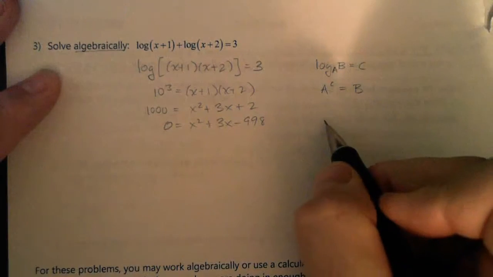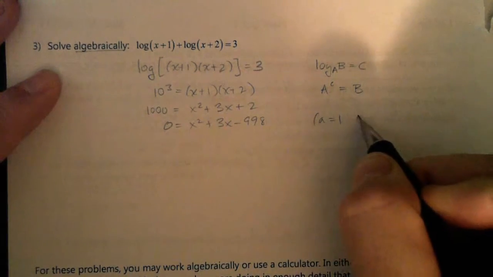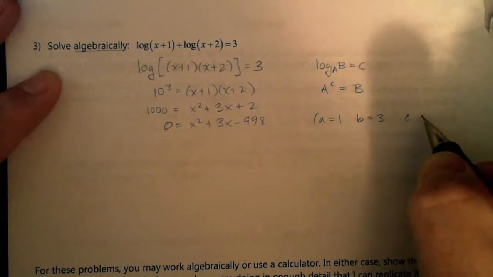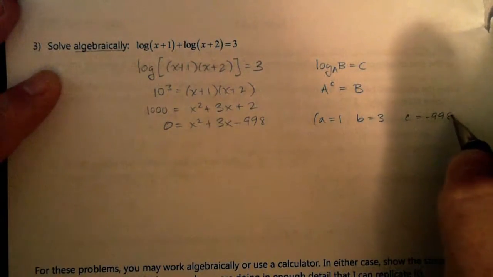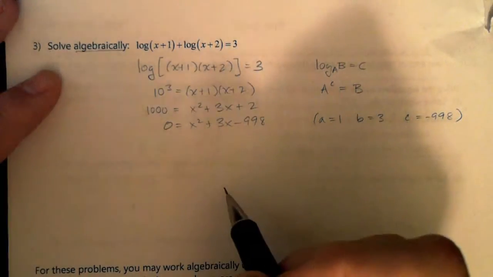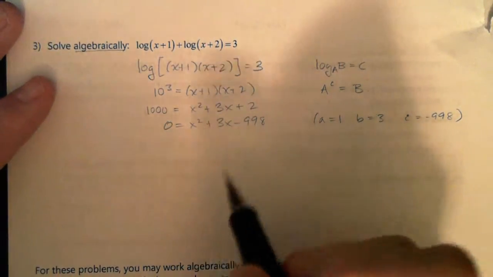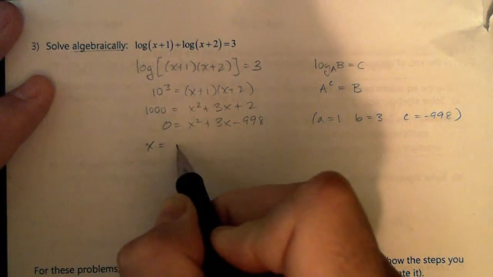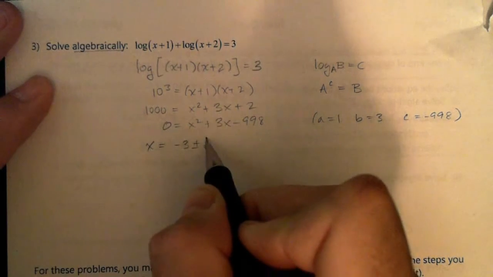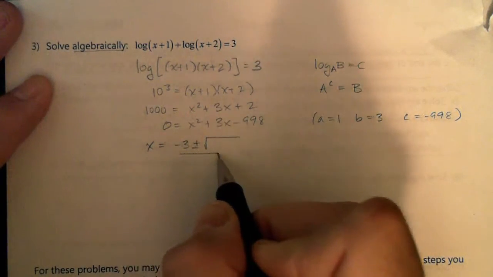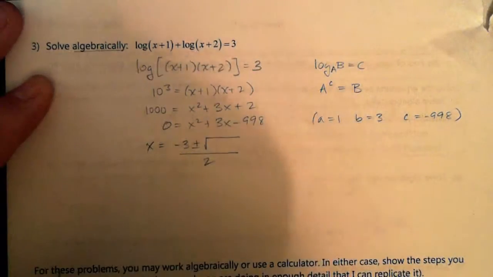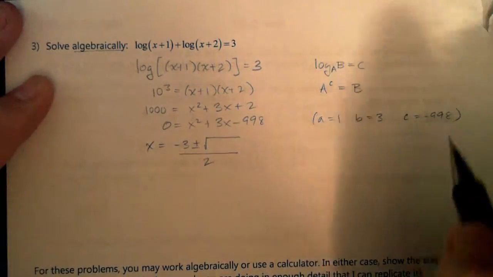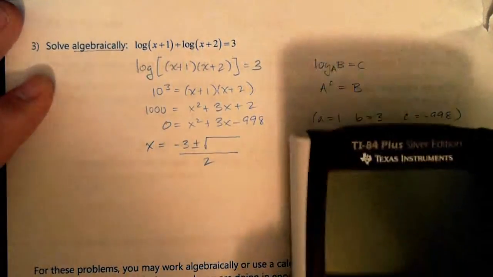And again, quadratic formula. A is 1, B is 3, C is... I would give myself a few seconds to try to factor that, but really that 998 looks a little daunting. So our solutions would be opposite of B plus or minus the square root of some stuff all over 2 times A. B squared minus 4AC, I'm going to do that in my calculator.